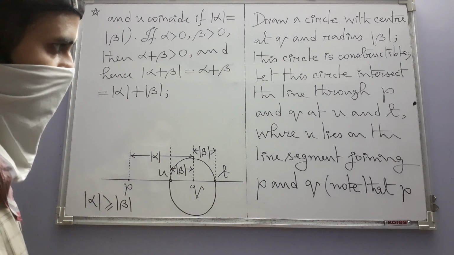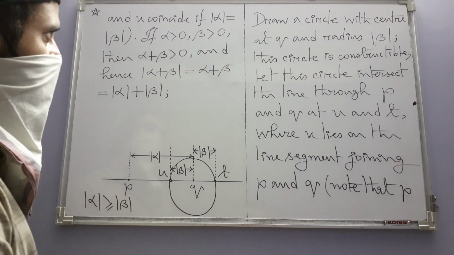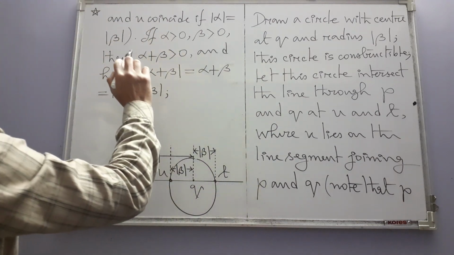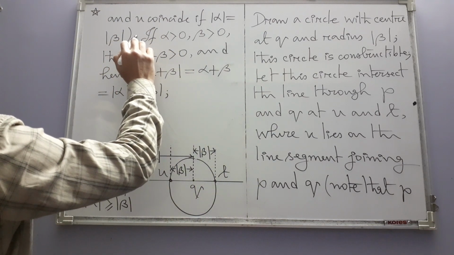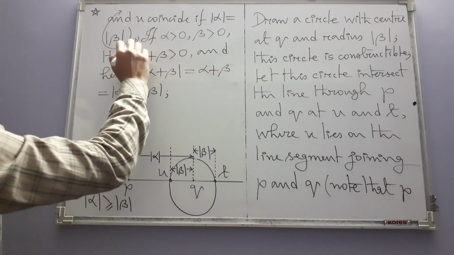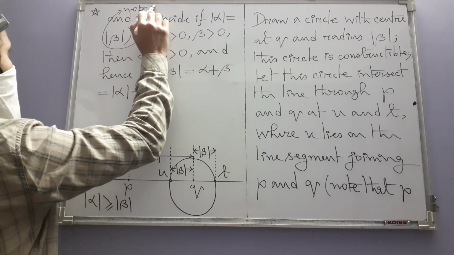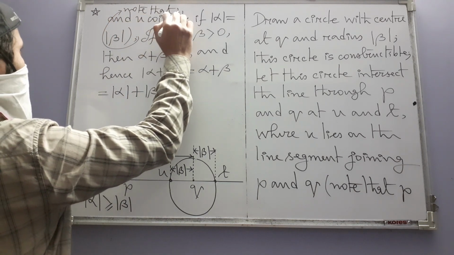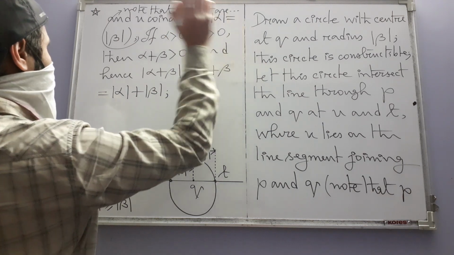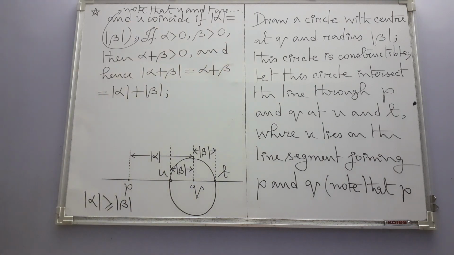Have I mentioned that U and T are constructible? No. So I need to mention that here after you complete this sentence. Here you continue. Note that U and T are constructible. Okay, and then after that you start like this.